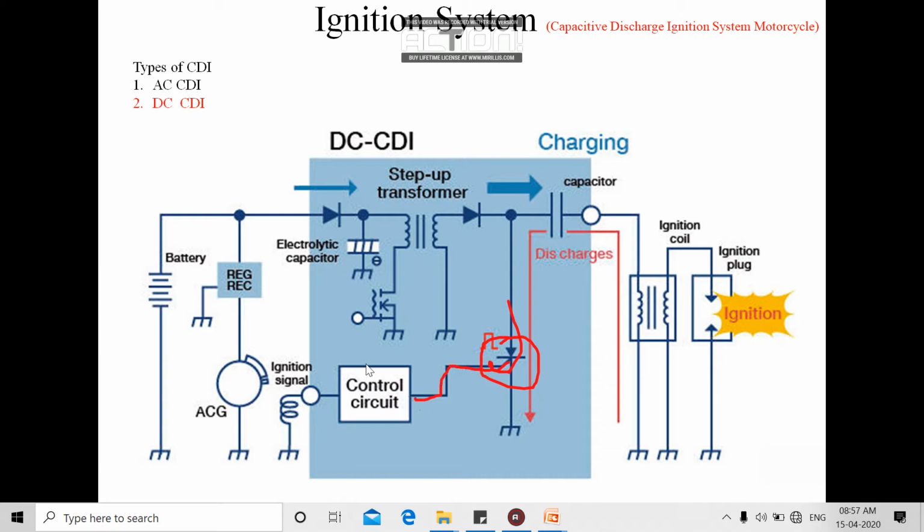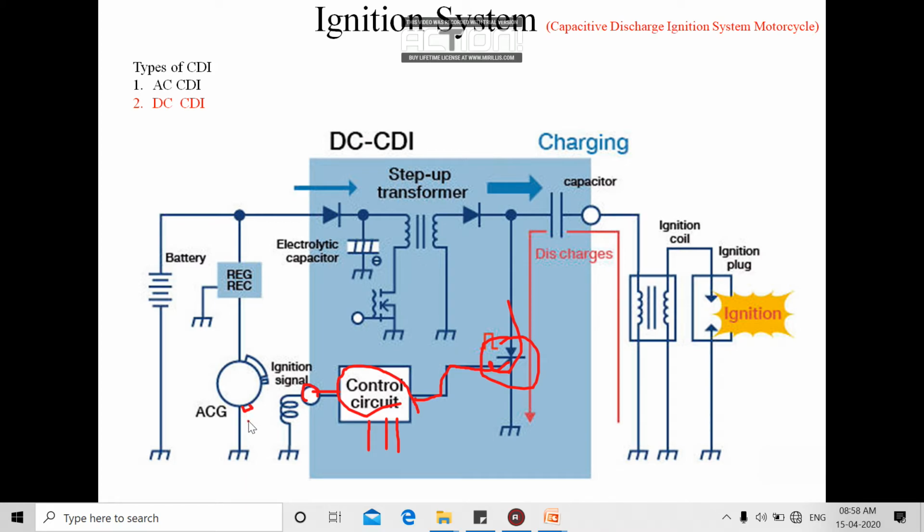Okay, through the control circuit. This control circuit has a number of inputs, like engine RPM, like throttle position sensor, like engine coolant temperature sensor. So in that way it has a number of inputs, and at the same time it has the input from the triggering, or we can say pulse coil, the pulse coil which is located on the magnet. As I told you, it is located over here.